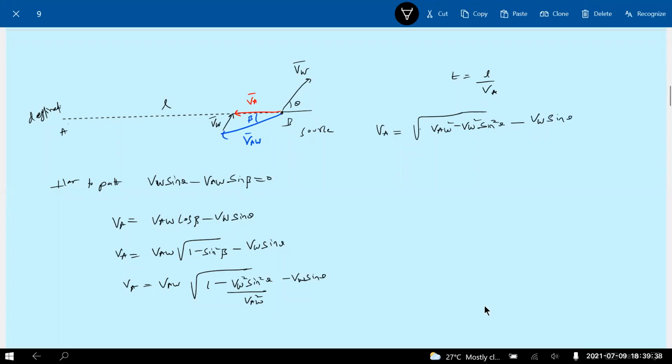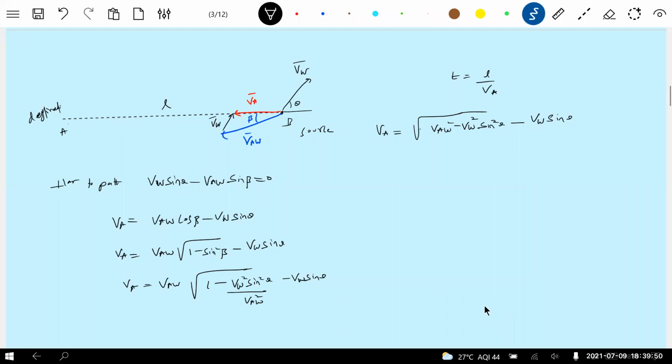It should be cos theta, no, sir, because the x component we should subtract, no, sir. VW sin theta will give the y component, no. Mute it first. I'll speak. Mute it.